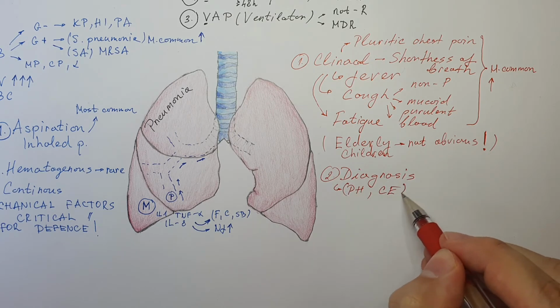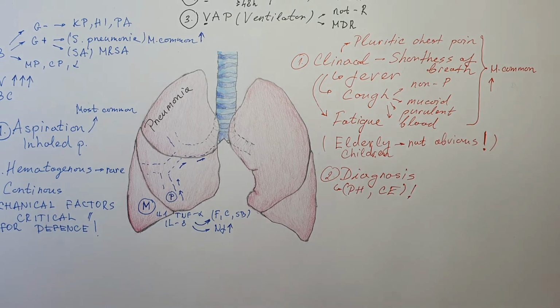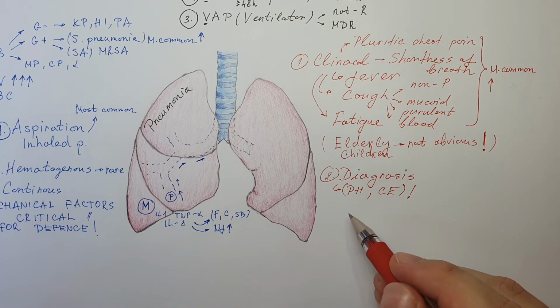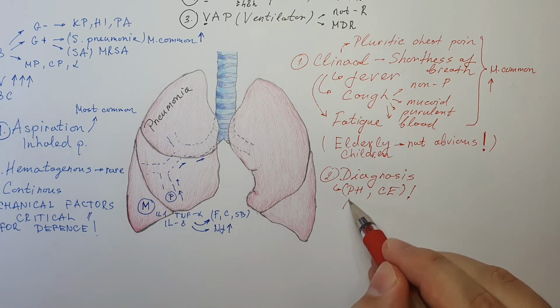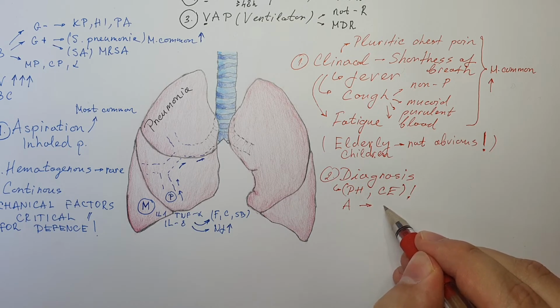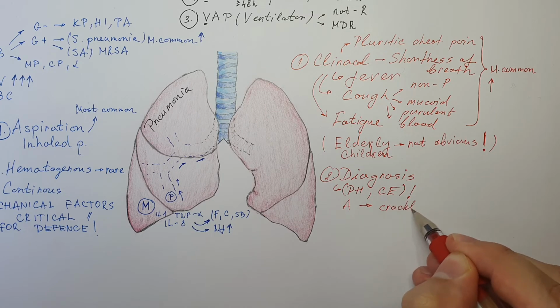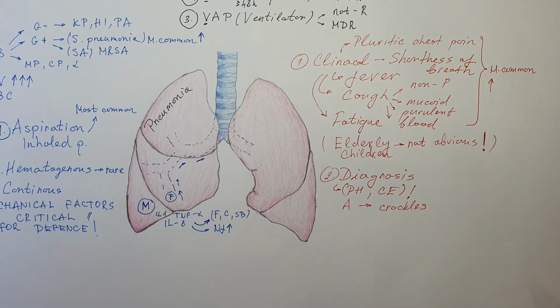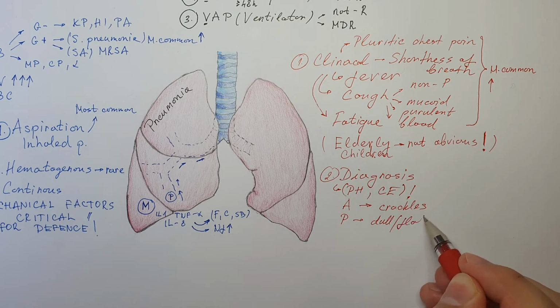So these two are crucial to understanding what is the problem of the patient. On the clinical examination, on auscultating the lungs, you will probably hear crackles, or a diminished lung sound, or even no lung sound. On percussion, you will hear a more dull or flat lung sound.